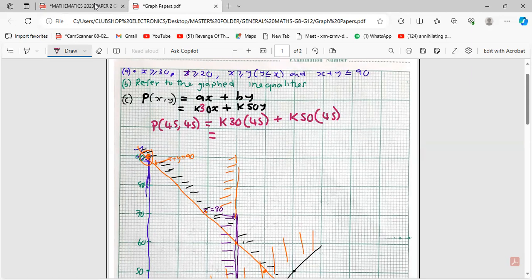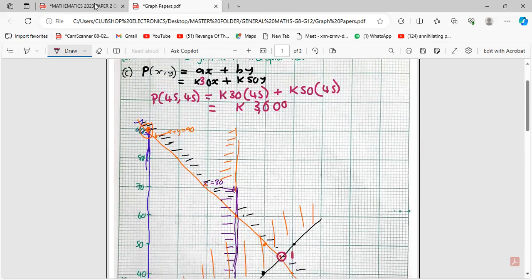Okay, so we get 3,600. So this is the highest value.